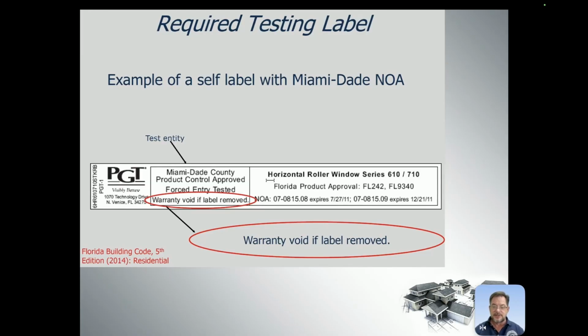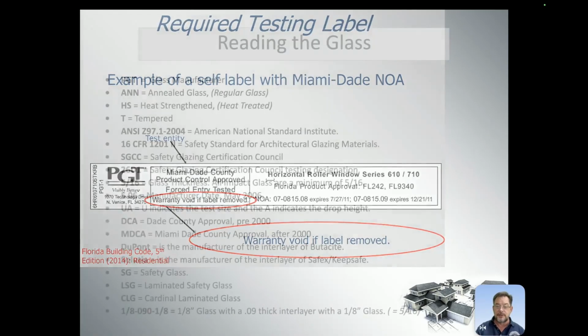They come in a lot of times in the upper sash or the upper track of the window, and they're not supposed to be removed. A lot of times people go in with their cleaners or they'll remove them all because they don't like the way they look. They're supposed to be left behind, and this is one of the reasons. If we read the label, you have the NOA, you can look it up. So that's very helpful to us.